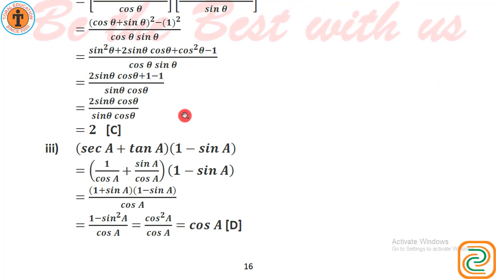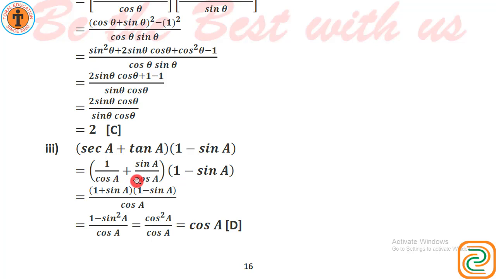Third question, sec A plus tan A into 1 minus sin A. So here sin A is given, so let's convert into sin A and cos A. 1 upon cos A plus sin A upon cos A. Cos A will be the LCM in this term. 1 plus sin A, right?